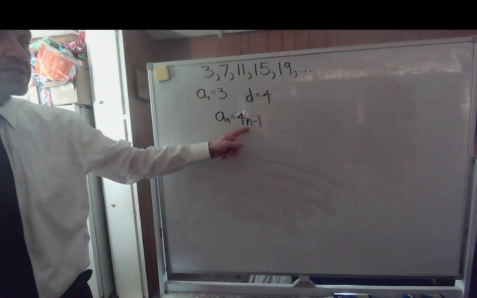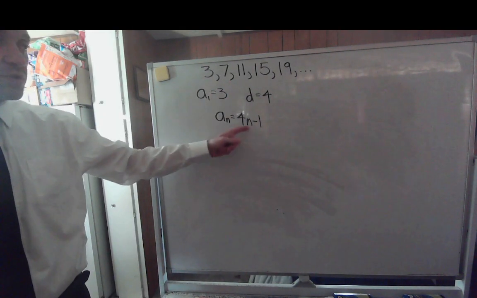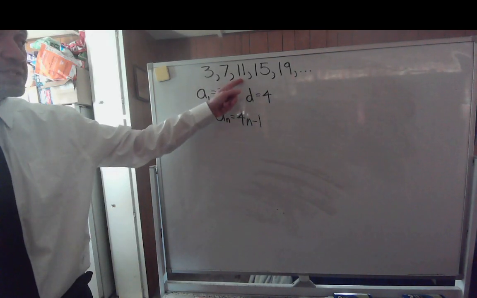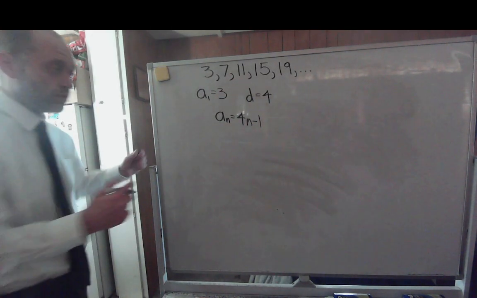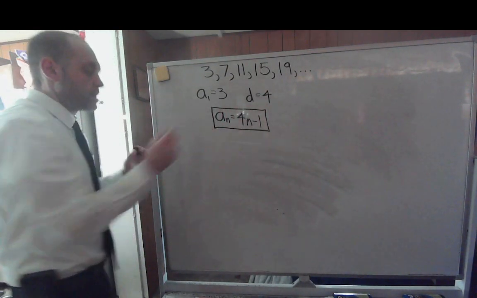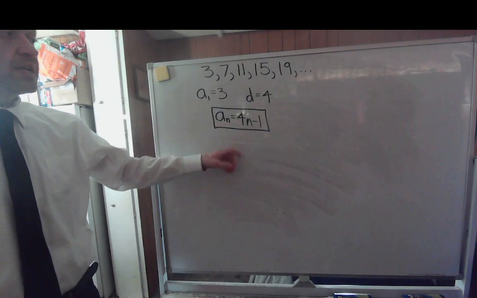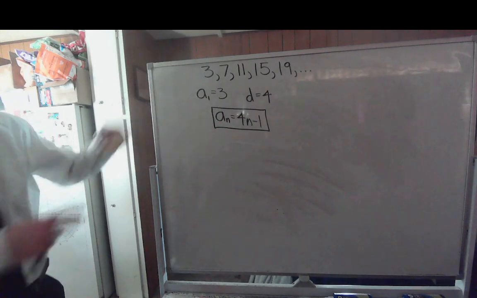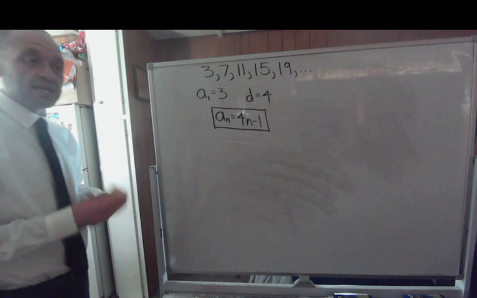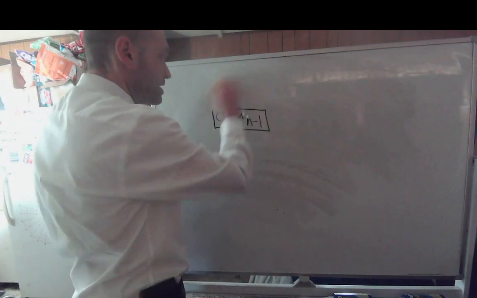Put in 2 to get the second term. 4 times 2 is 8, minus 1 is 7. 4 times 3 is 12, minus 1 is 11, and you see this pattern holds. So the general formula in this case would be a sub n equals 4n minus 1. Again, this is actually an example of another arithmetic sequence, but we'll teach on arithmetic sequences in particular in a couple lessons.